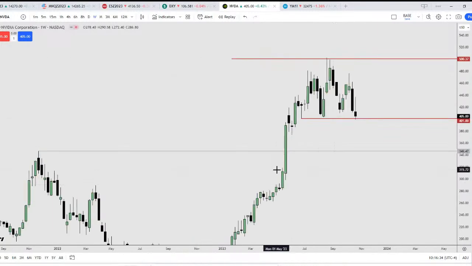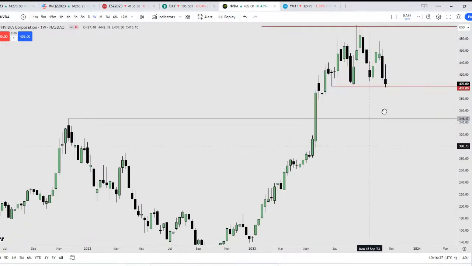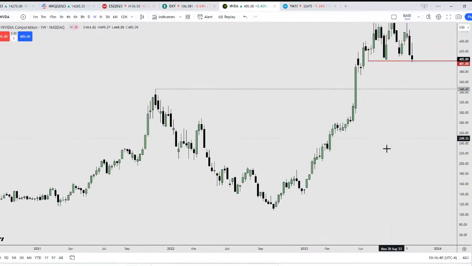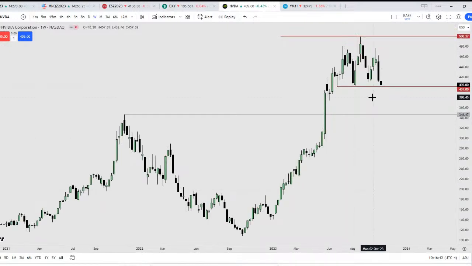Right, so that's what I'm anticipating for Nvidia. This top here was just way too perfect. Anyways, I'm bearish for Nvidia until we can get above this swing high. Make sense? So Nvidia, that's how I am viewing it.